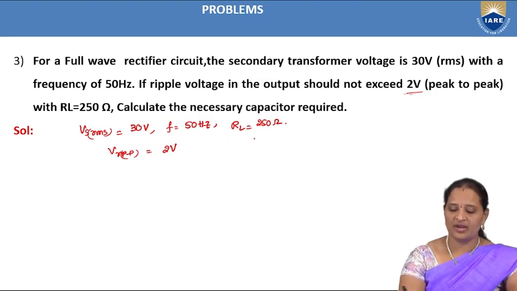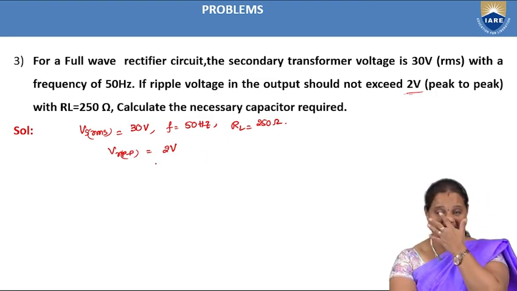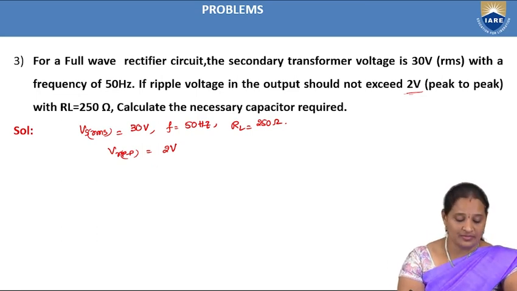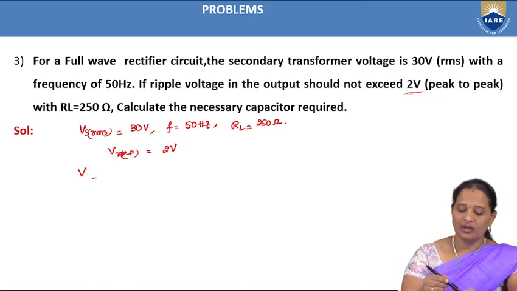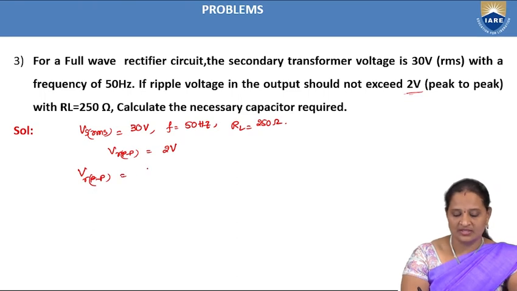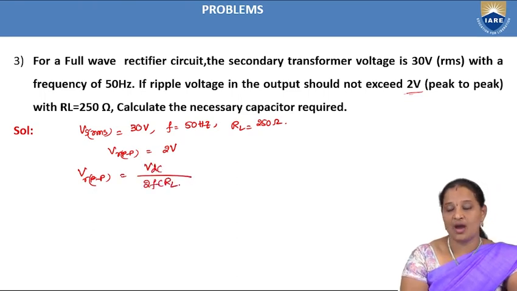So in order to find the capacitor value, first of all, we should have the formula here. We have the formula VR peak to peak is given by VDC by 2FC into RL.